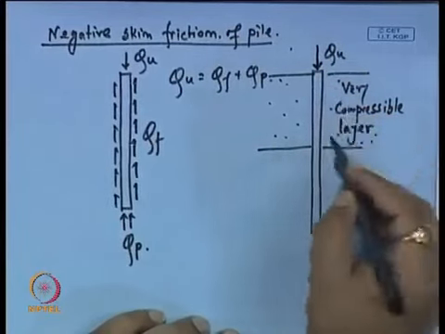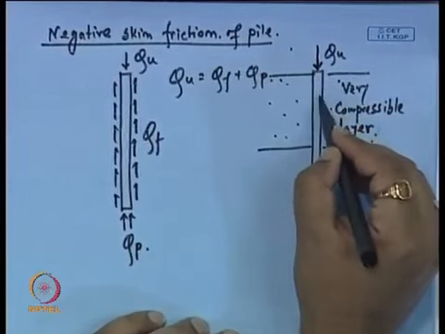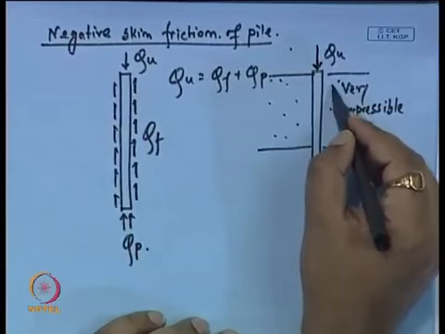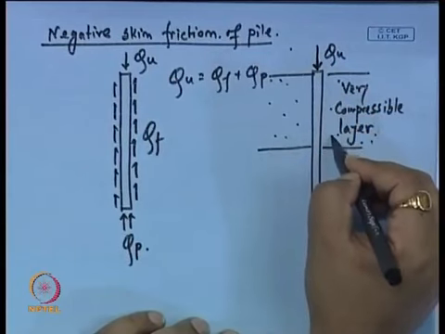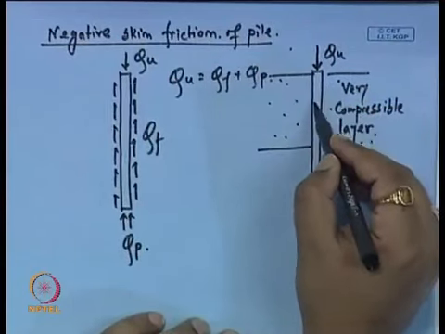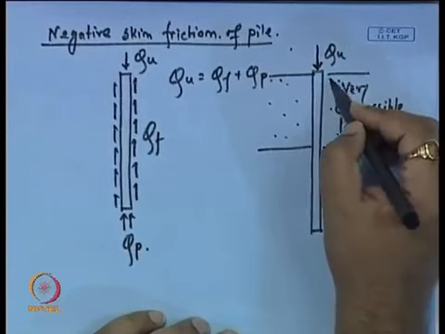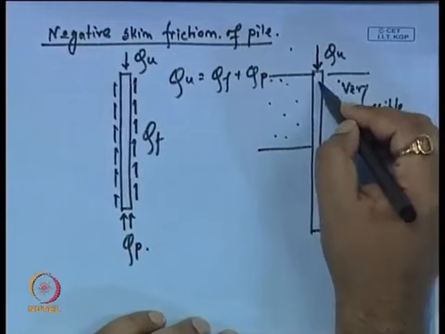So, if I consider the relative displacement between this soil and this pile, as the settlement of this soil layer is more compared to the settlement of the pile, the soil will settle more and the pile will settle less.